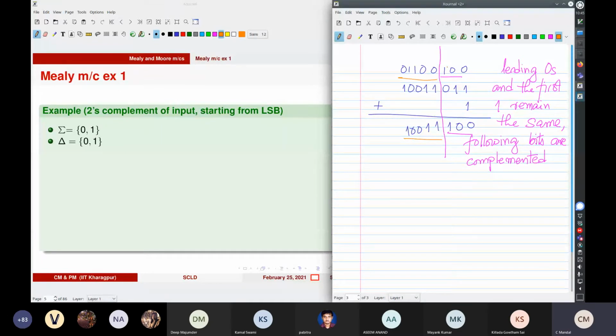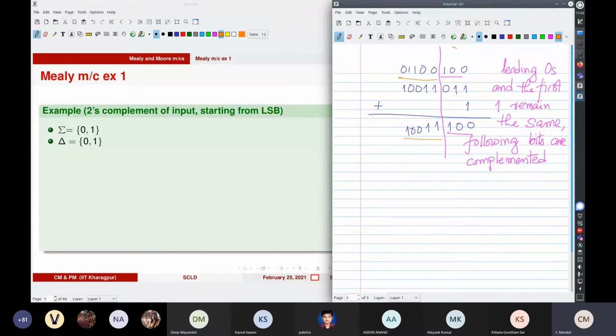Can you tell me? 3, sir. Why do you say 3? Can you justify? You need to keep track as long as you are reading zeros, then your state changes when it reads a 1, and another state change for all subsequent.